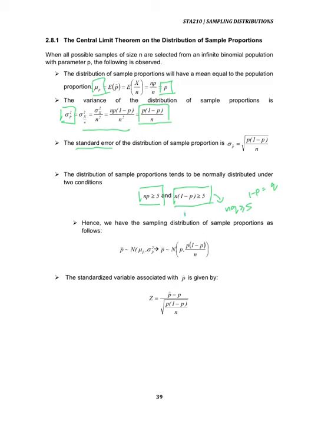So the conditions are np greater than or equal to 5 and nq greater than or equal to 5. So we have the sampling distribution of sample proportion as follows.